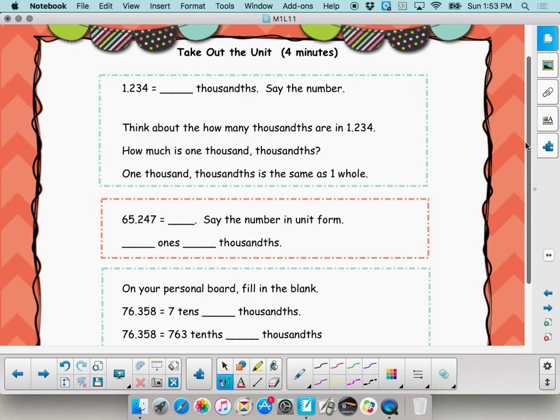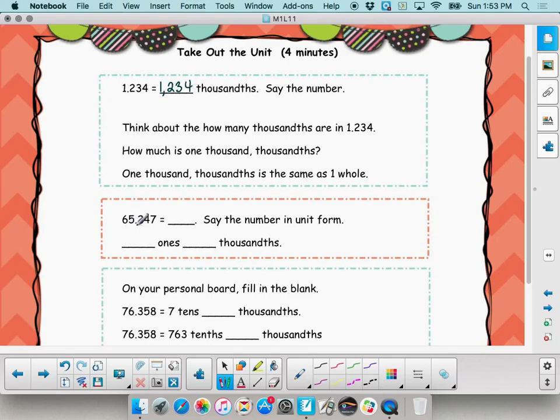And here is a question. How much is 1,000 thousandths? 1,000 thousandths is the same as one whole. So 1,234 thousandths is the same as 1 and 234 thousandths.